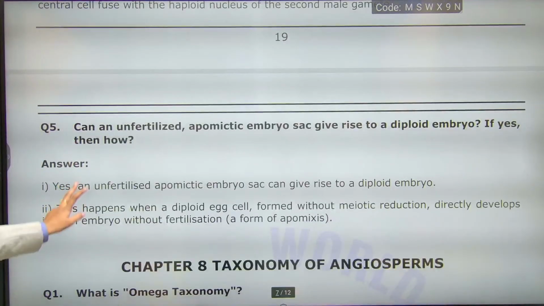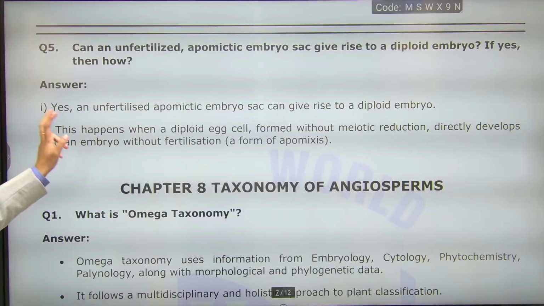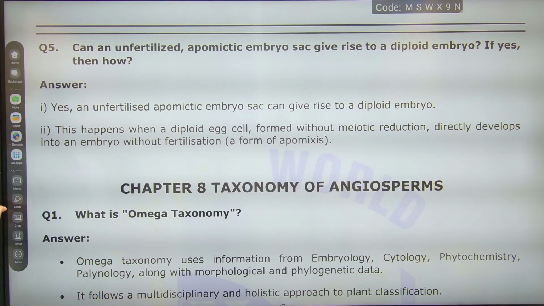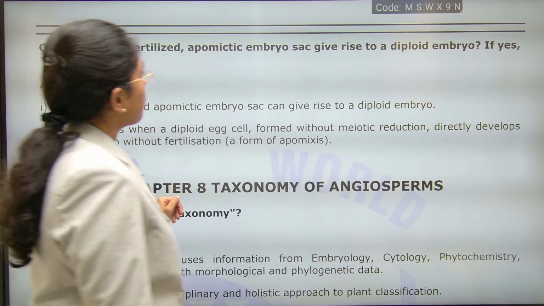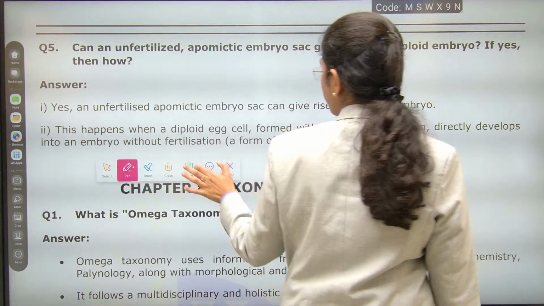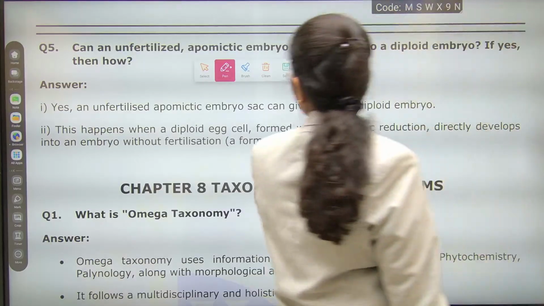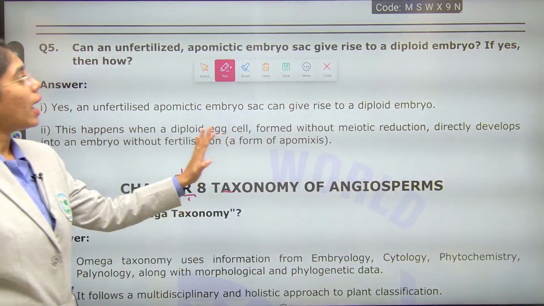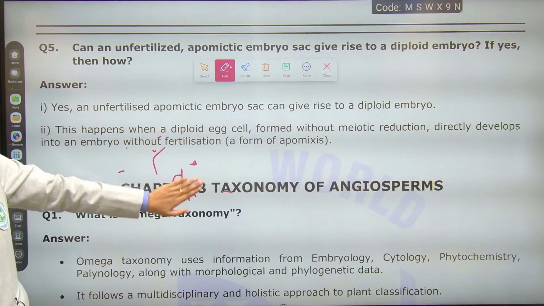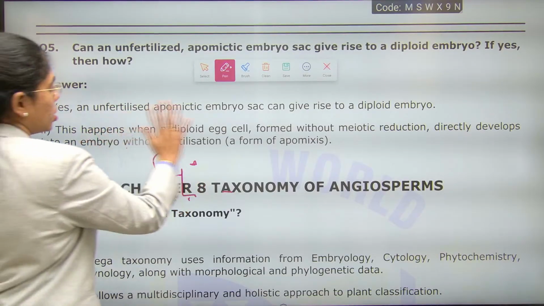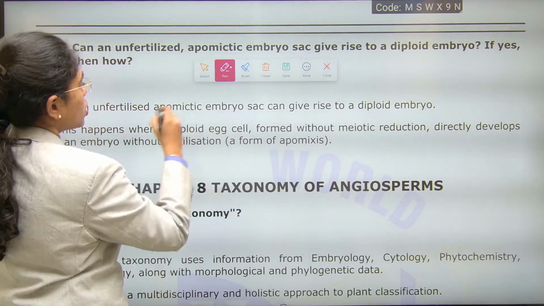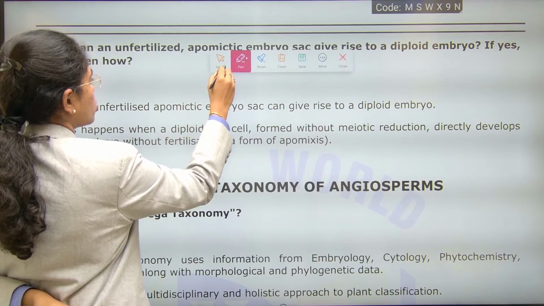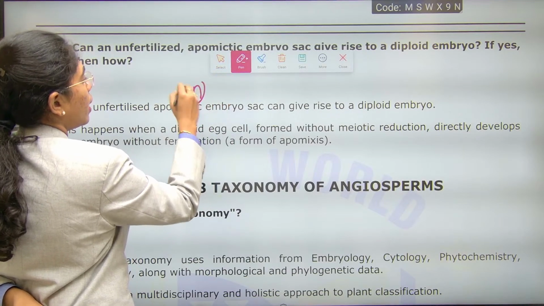Can an unfertilized apomictic embryo sac give rise to a diploid embryo? Yes. An unfertilized apomictic embryo sac which is in diploid condition gives rise to a diploid embryo.